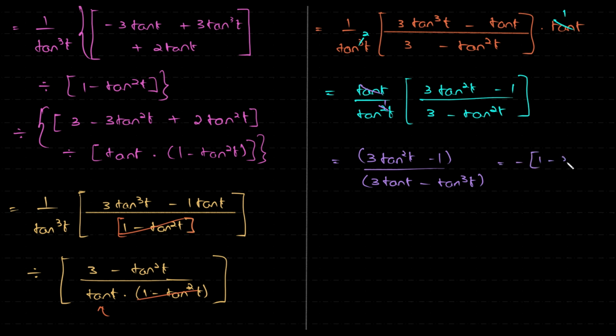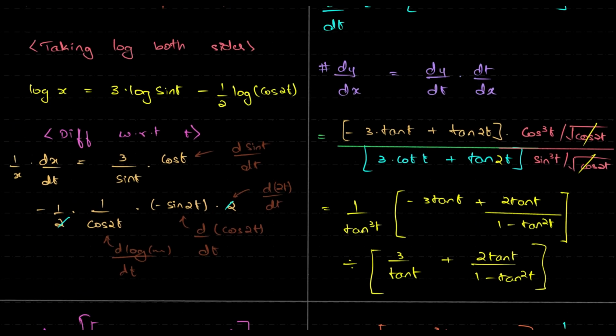If I take out minus, 1 minus 3 tan square t divided by the denominator 3 tan t minus tan cube t. I don't have space for that, you will get confused. So this is nothing but minus 1 by tan 3t, which is nothing but minus cot of 3t. So the differentiation part was little, everything else is trigonometry. So it's a good revision question for trigonometry. So that is your final expression.